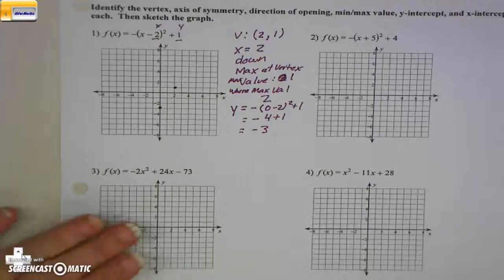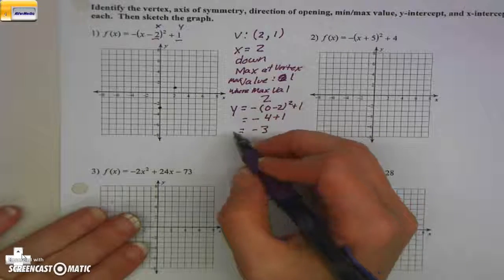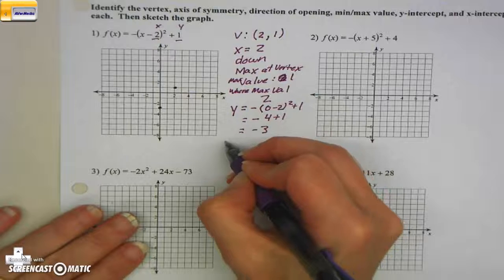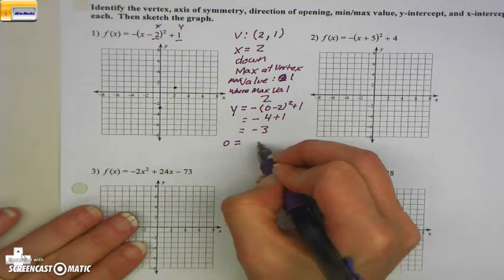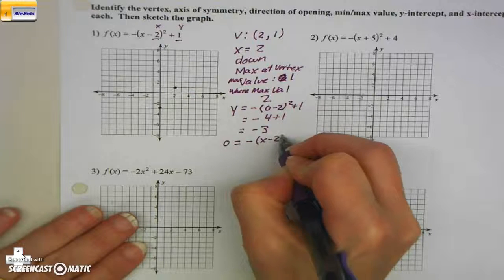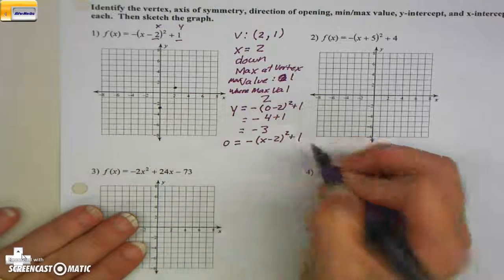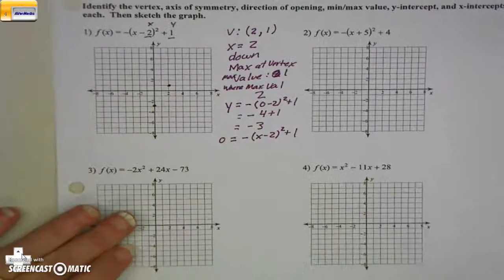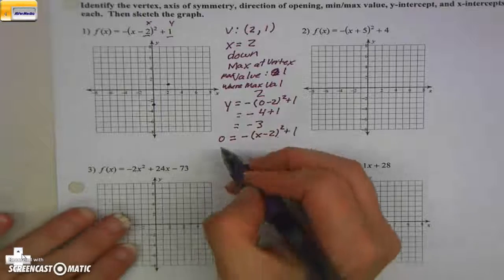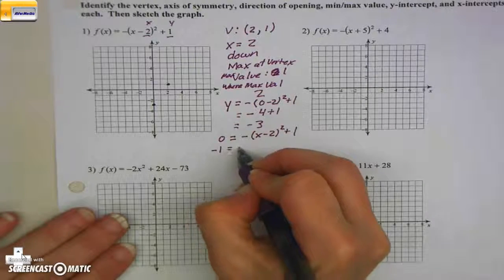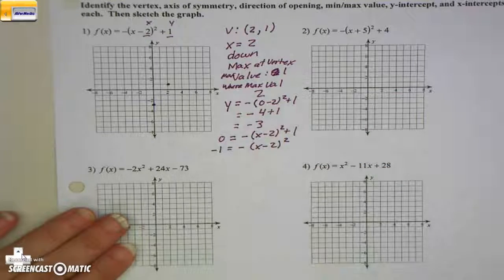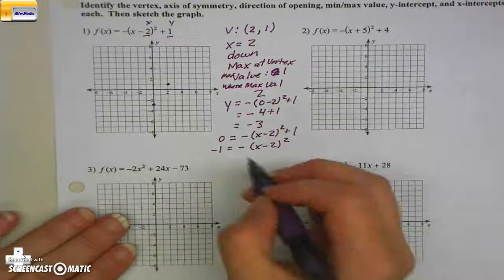Okay, x-intercepts can be found by letting y equal 0 and solving for x. All right, subtract the 1. Divide by negative 1.